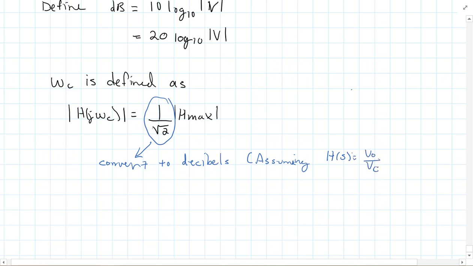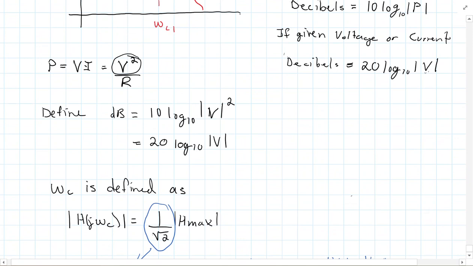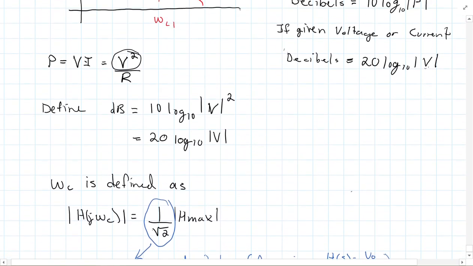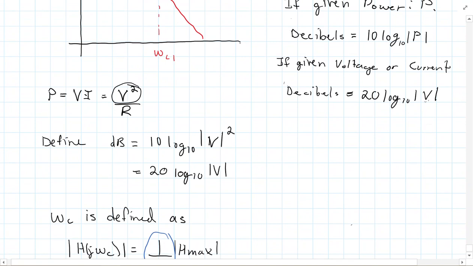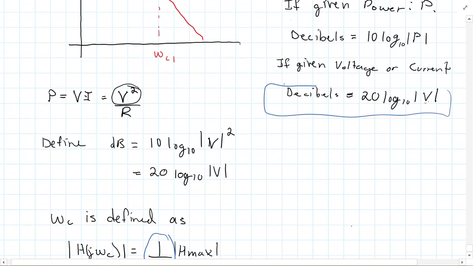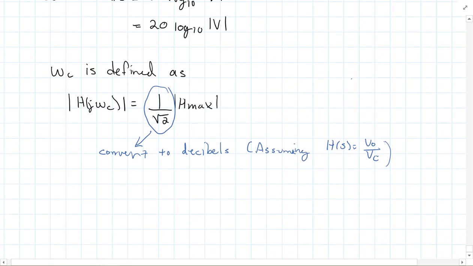It doesn't really matter whether it's V out over V in or not. It could be I out over I in, it could be V out over I in. I'm just assuming that for ease's sake. The reason it doesn't matter is which decibel formula we use. In this case, no matter what, we're dealing with a voltage or a current, which means I'm going to use this decibel formula as opposed to the other one.